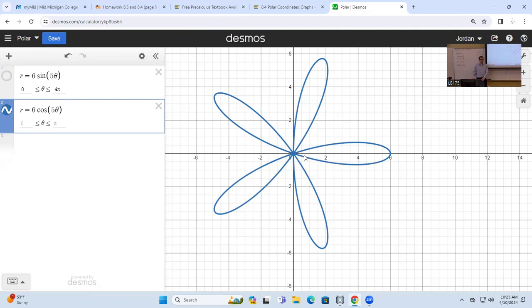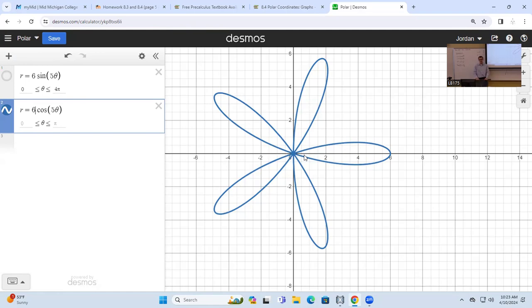And that is, in rectangular coordinates, this would not be a function. This would be a really messy looking function in rectangular coordinates if we had to create it. We have cosine of 5 theta. We probably have to use a bunch of trig identities and mess around a lot with it to try to get it into rectangular.